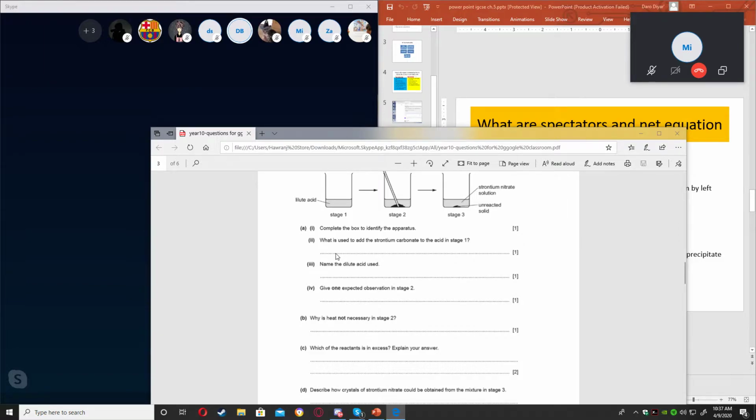Fizzing. Yes, it is fizzing. So it is carbon dioxide. Why is it carbon dioxide? Because we have sodium carbonate in the beginning. So CO2 will be released, which is fizzing. Guys, write that CO2 gas will come out and it is fizzing.